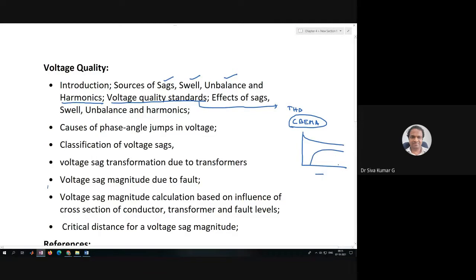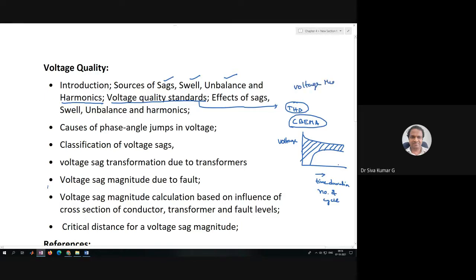This is the time duration of the voltage, or the number of cycles, and then the voltage magnitude. They have mentioned that for whatever voltage variations within this envelope, the equipment is going to work very satisfactorily. That shows the voltage quality standards in range, with respect to THD or with respect to voltage magnitude also.